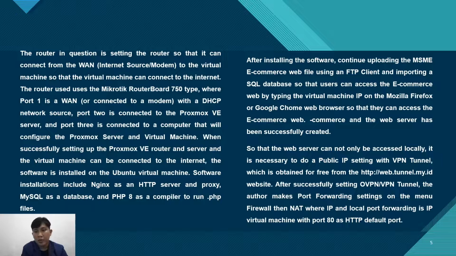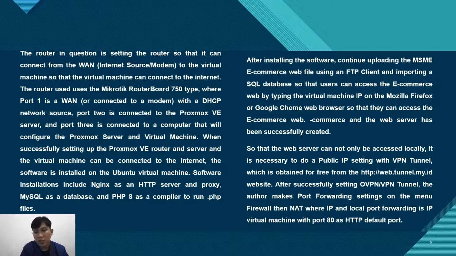The e-commerce web server has been successfully created, but the web server can only be accessed locally. It is necessary to do public IP setting with a VPN tunnel, which is obtained for free from the web.tunnel.my.id website.